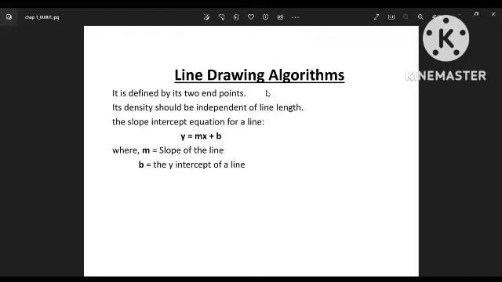In our mathematical representation, the line equation is y equals mx plus b.